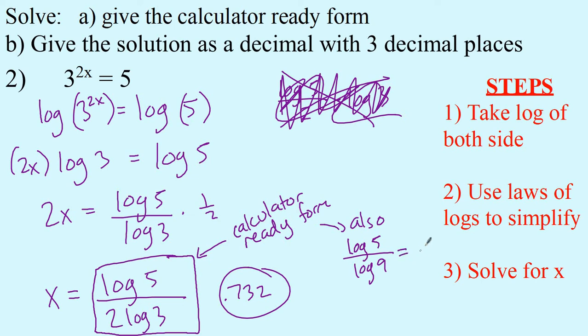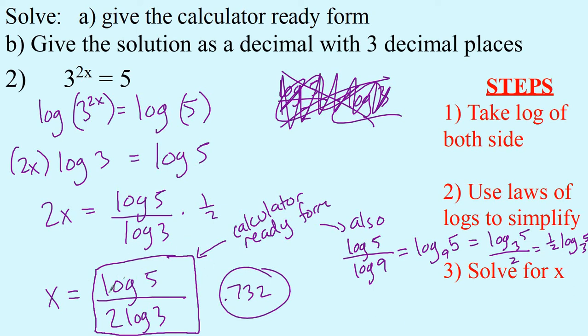You could also write this as log base 9 of 5. And you could also write it as log base 3 of 5 over 2, or 1/2 log base 3 of 5. Lots of ways you can write it.